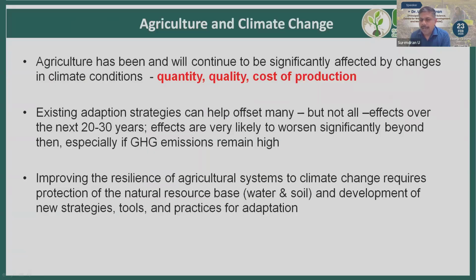If you go to the background of this topic, as all of us know, agriculture and climate change have a severe relationship, and agriculture is being significantly affected by climate change issues, whether it is extreme events, less rainfall, or excess temperature.